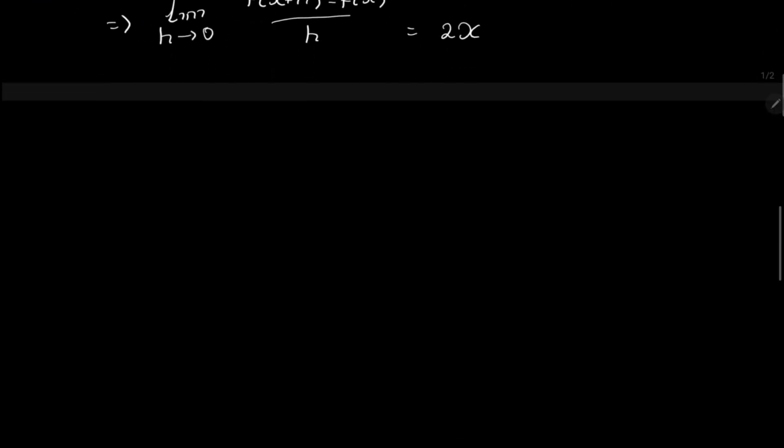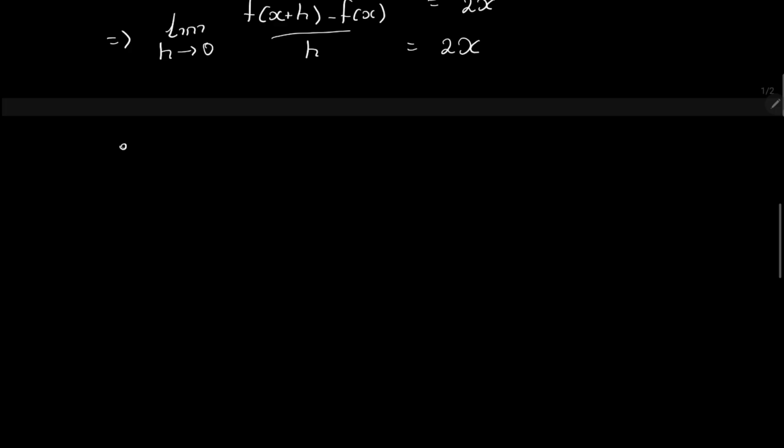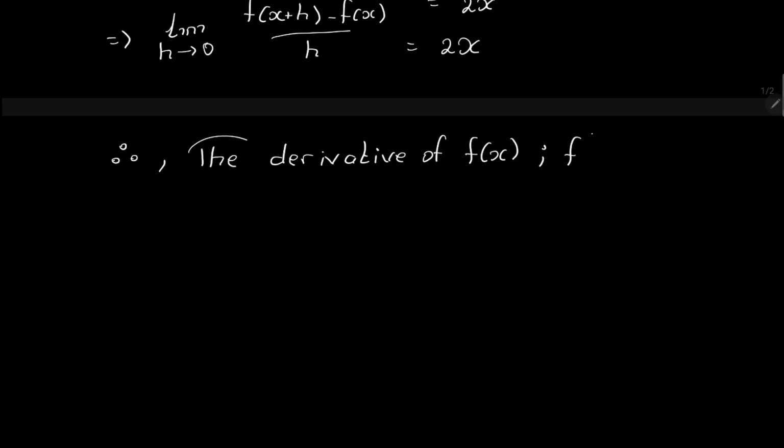So we can then conclude that, therefore, the derivative of f of x, which is f prime of x, is equal to 2x.